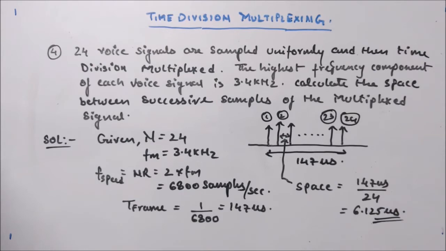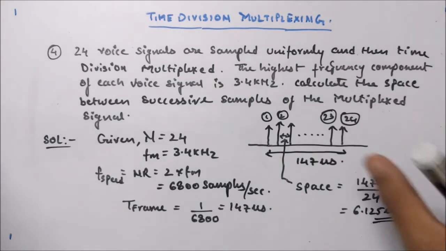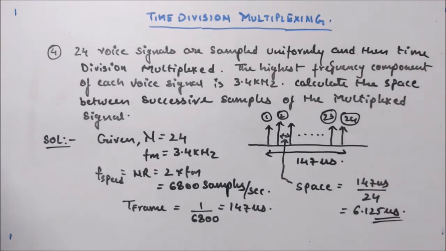So this is one frame. Now next frame will come, then again second frame will come, likewise it goes on and on. So this is the example where you can see the use of f speed and time frame.